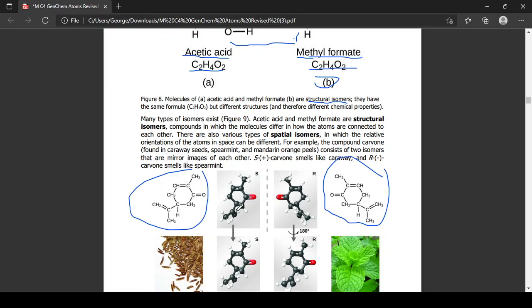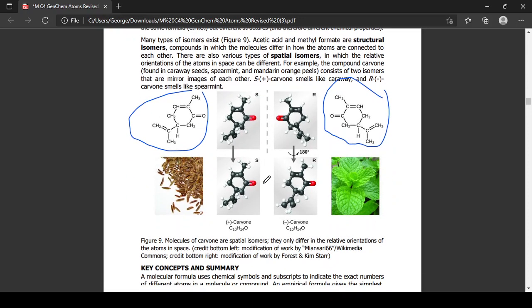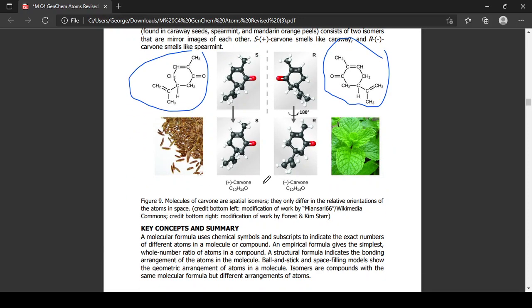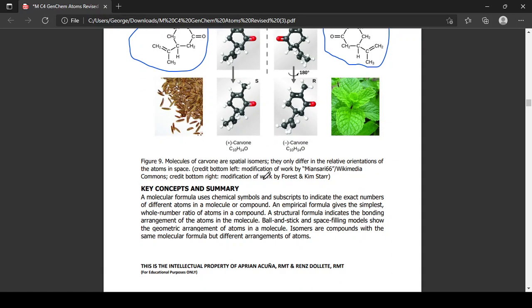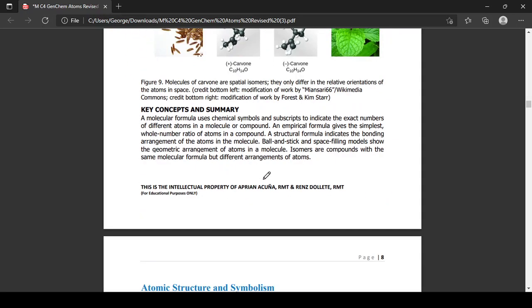And that organization in spatial isomers can cause a different smell and a different result. Because in figure 9, the molecules of carvone are spatial isomers. They only differ in the relative orientations of the atoms in space. And that is a spatial isomer.